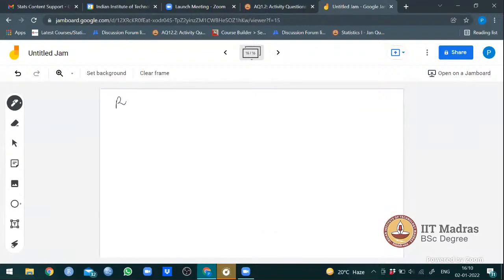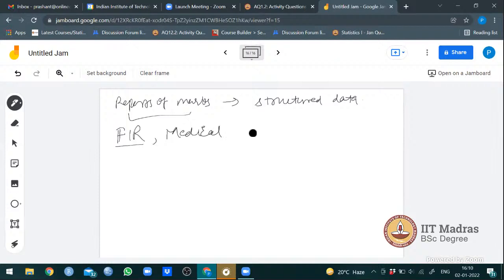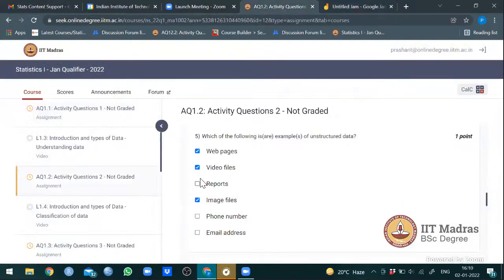There are some reports of marks, so it will be in a tabular form. In that case, it can be structured data. And suppose there is some report, police FIR and some medical report, so it can be unstructured as well. So it can be both types of data according to the data dependency. And I think there is some mistake, and we will correct it.